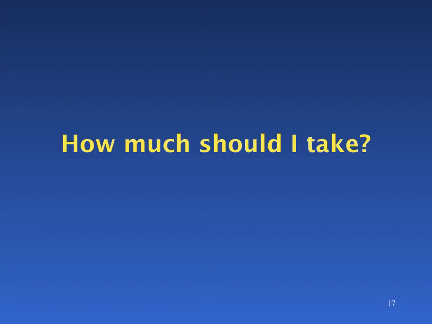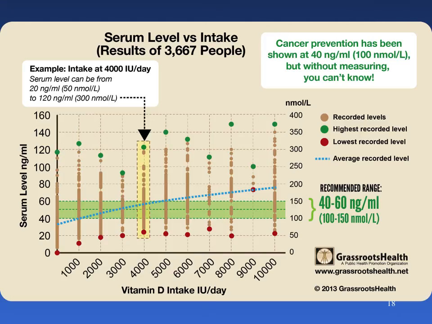A question that is commonly asked is how much vitamin D do I need to take? The next couple slides will take a look at this question. For disease prevention, it is important to achieve a serum level of 40 nanograms per milliliter. As you can see in this graph, at each daily vitamin D supplement intake amount, there is considerable variability in the resulting serum level.